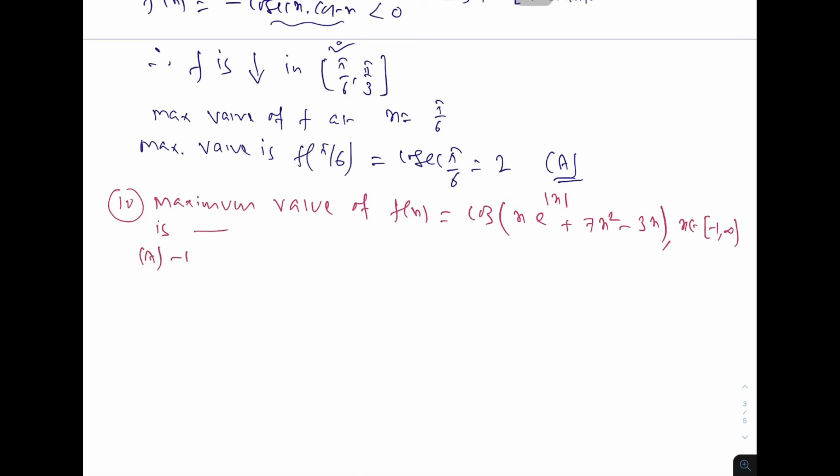Options are minus 1, 0, 1, none of these.